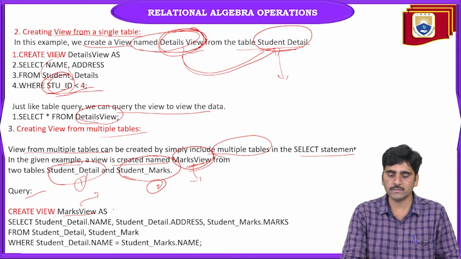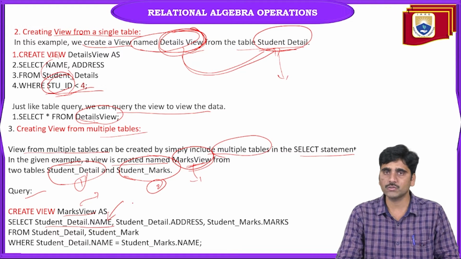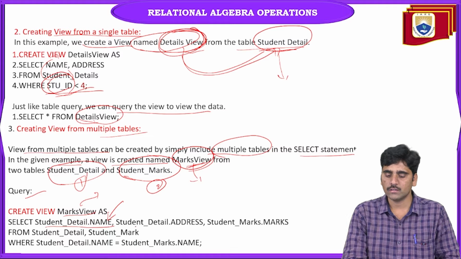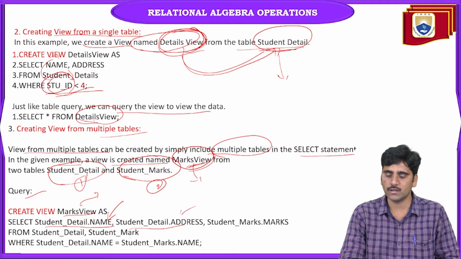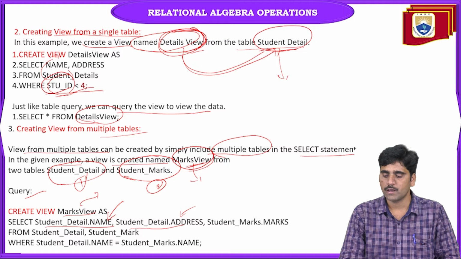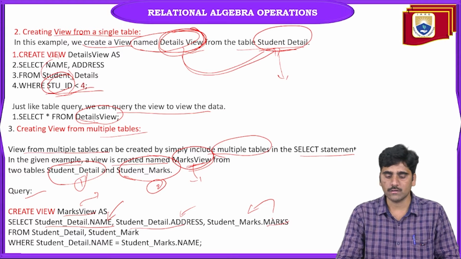Marks view as select student_details.name, meaning the column name from the student_details table, and student_details.address also from the student_details table. Marks column from the student_marks table. So here we are taking the fields name, address from the student_details table and marks from the student_marks table.